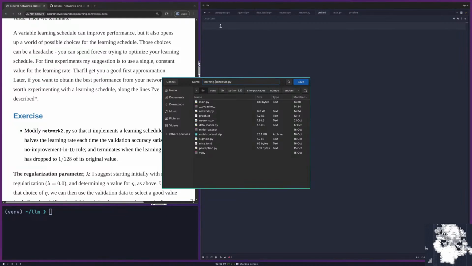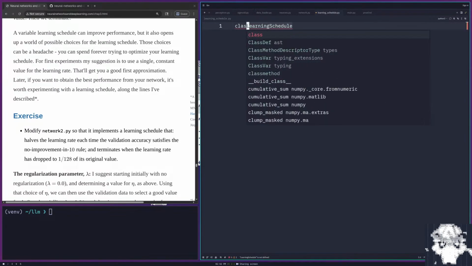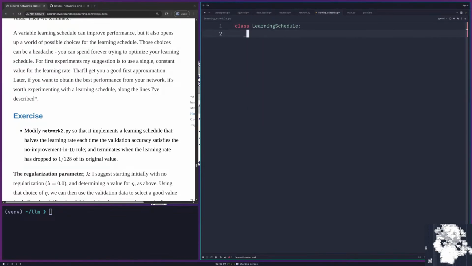Maybe just learning schedule.py. Learning schedule is a class that's going to have two methods. Well, first it needs to start with a starting point. Eta equals eta, eta is a float.